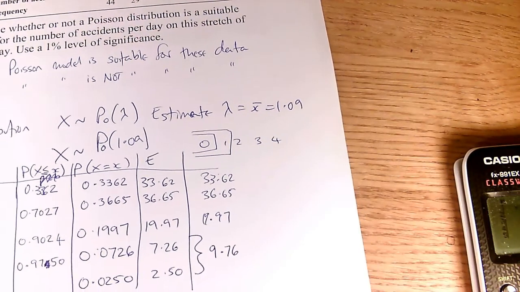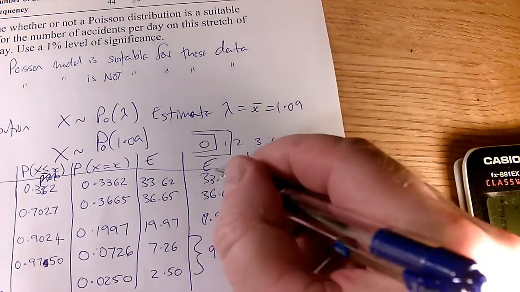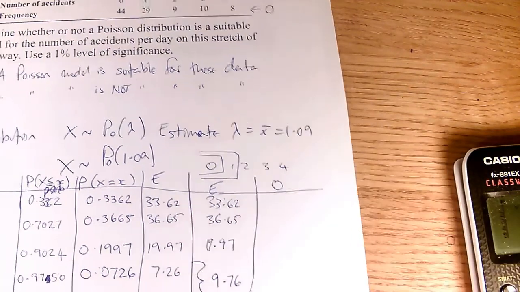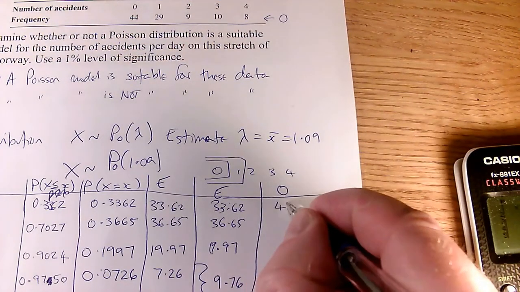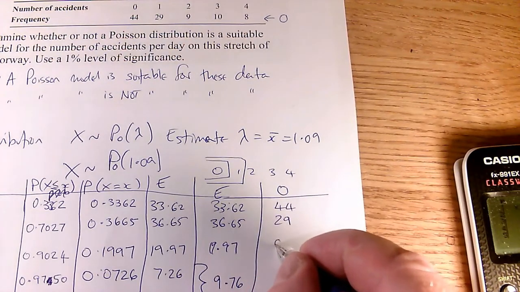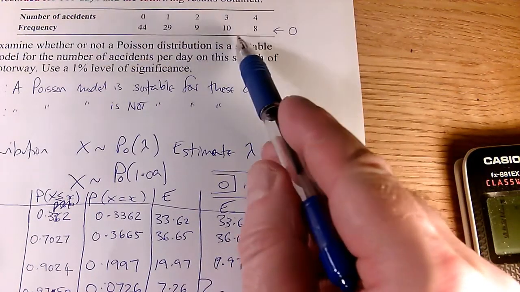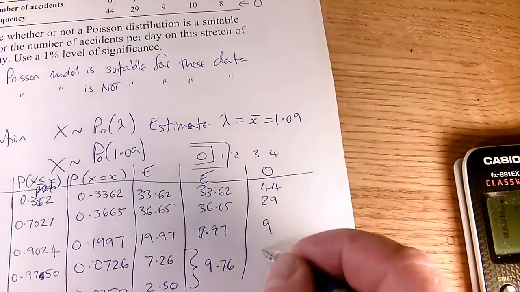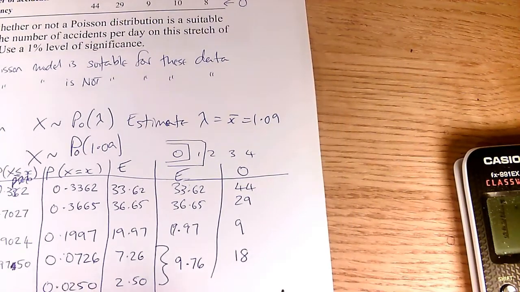Okay, so I've got those 4 expected frequencies to compare with the observed frequencies for the same 4 cells. So looking at my observed, the first one's got a frequency of 44. So my O's are 44 and 29 and 9. But my last O, because I've merged these categories for 3 or more, this is now going to be 18. All right. So I've got expecteds observed.